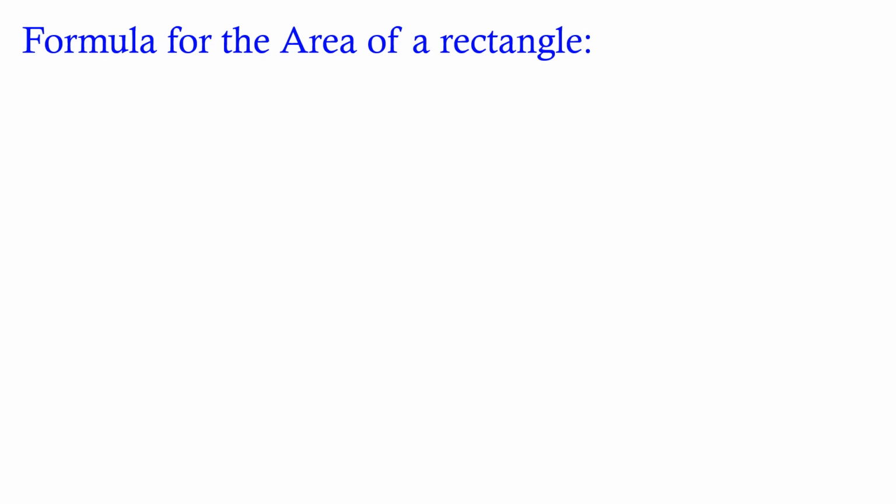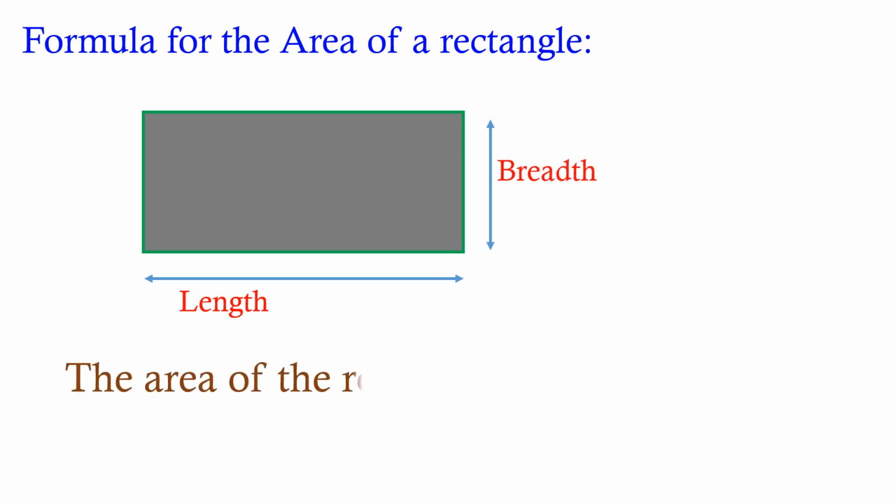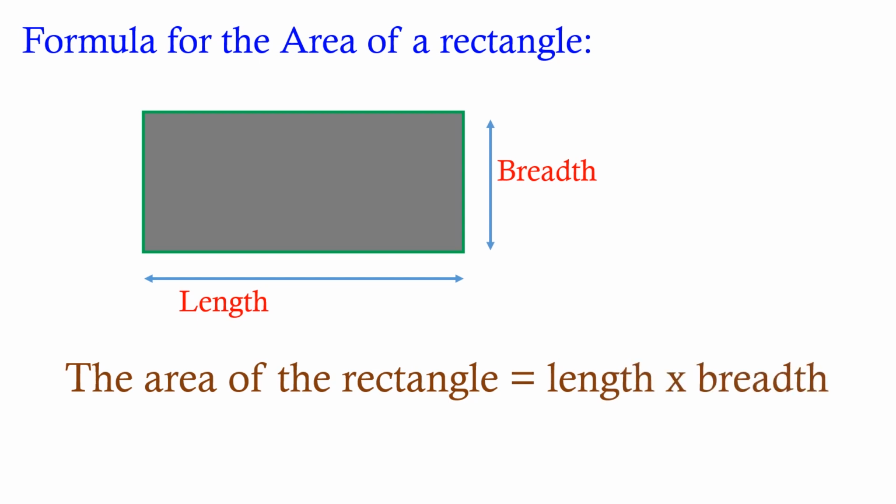Formula for the area of a rectangle. See, there is a rectangular shape whose sides are length and breadth. Then the area of the rectangle equal to length into breadth. When we multiply the value of length and breadth, we will get the area of that rectangular shape.